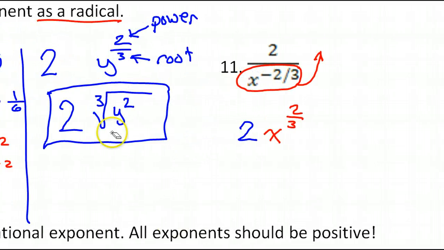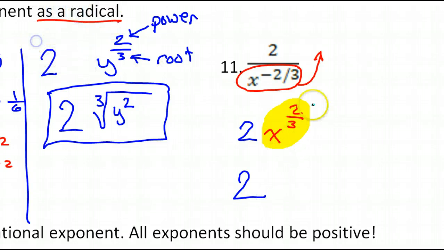But we are supposed to write this as a radical. So like I mentioned on the last problem, since there are no parentheses around the 2 and the x, this 2/3 power only applies to the x. Okay, so that 2 is going to sit there minding its own business. Nothing's going to happen to it.